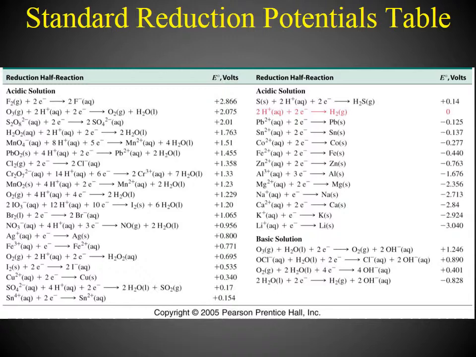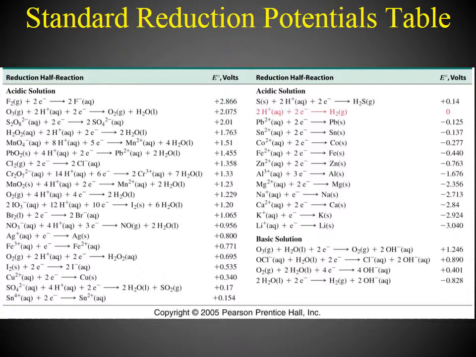We write it that way by convention so that we can tell which species is more likely to be reduced, indicated by a larger positive voltage value, and which species is less likely to be reduced, indicated by larger negative values.